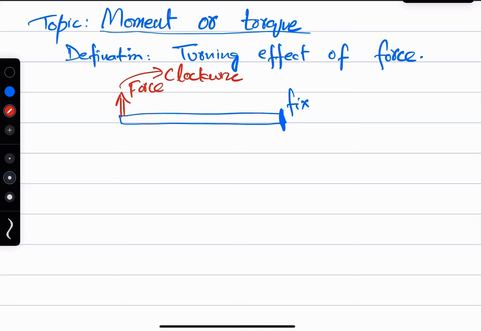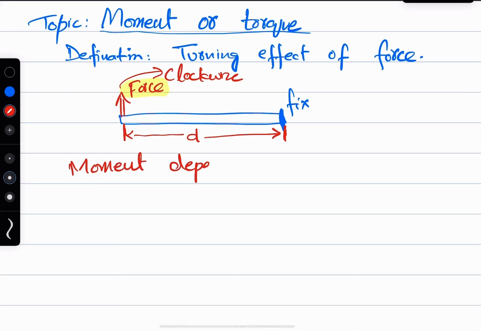Okay, so in moment, two factors play a part. The first factor is the force that you have applied, and the second factor is the distance between this fixed point and the point of application of force. This is distance d. So moment depends on two factors.